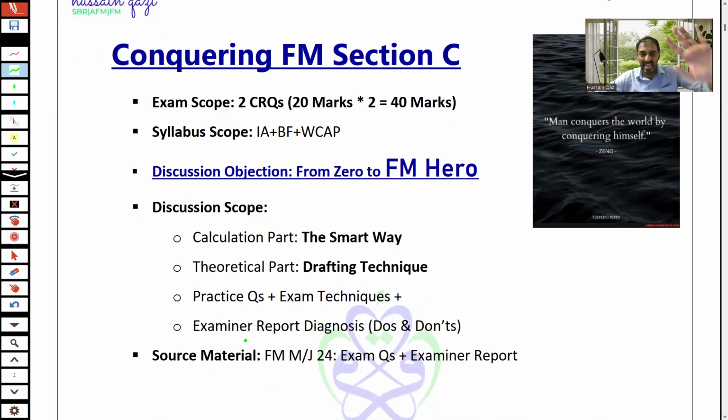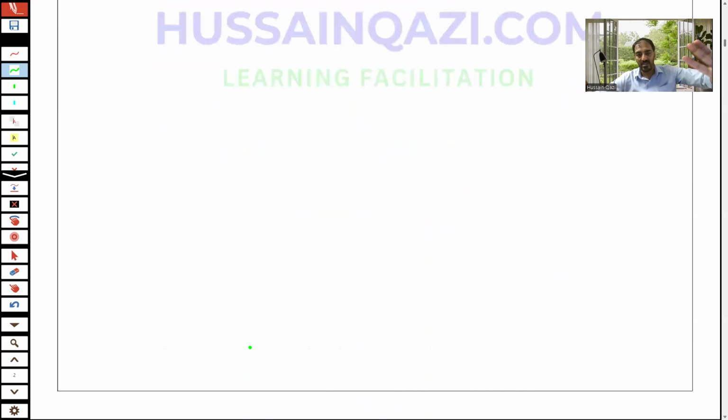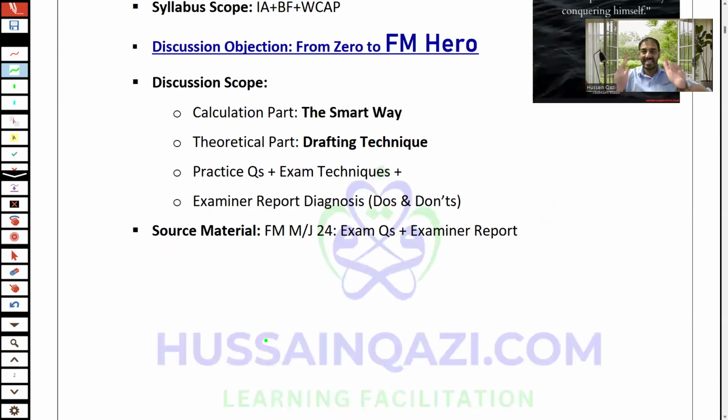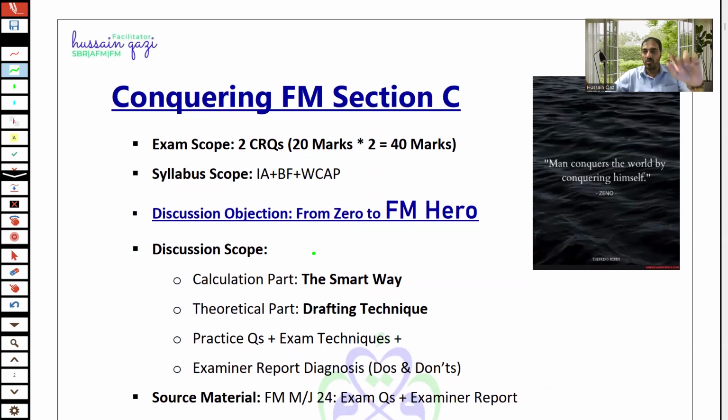First, I will cover some key points related to section C. Then, whatever key points I discuss here, I will apply to the most recent exam question of financial management. Let's start. First of all, you must know that the exam scope of section C is 20 marks per question, a weightage of 40 marks.